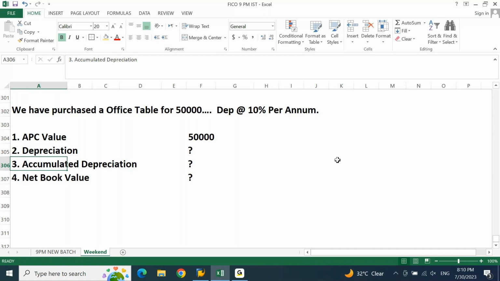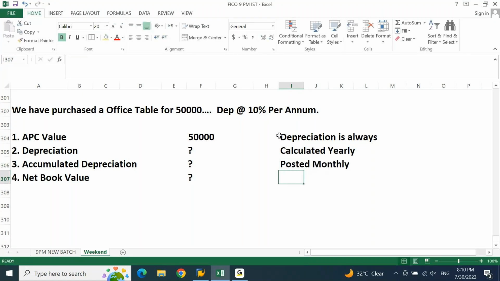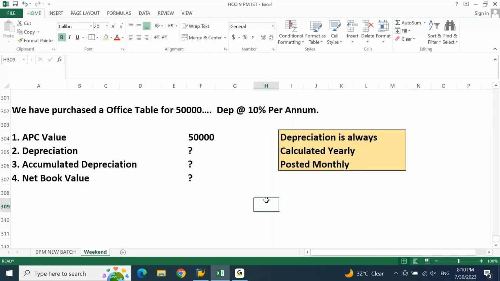One point that I want you to remember here is depreciation is always calculated yearly, posted monthly. Clear? Yes, depreciation is always calculated yearly, posted monthly. So here, whatever you have, depreciation at the rate 10%.